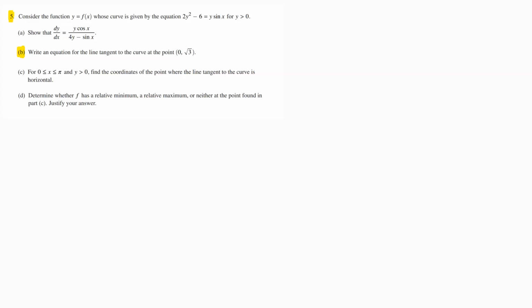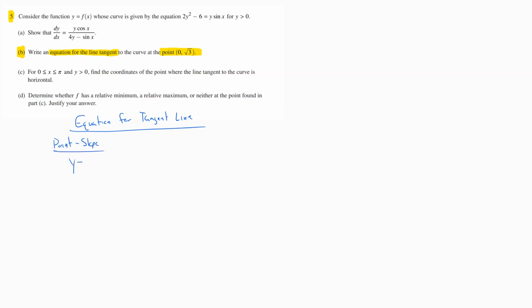Alright, so B here is a classic situation where they want us to find the equation for the tangent line at a specific point. Whenever you want to find the equation for a tangent line, it's the same way as finding the equation for a line that you've always done since algebra. And what you're going to want to use is the point slope form for the equation of a line.